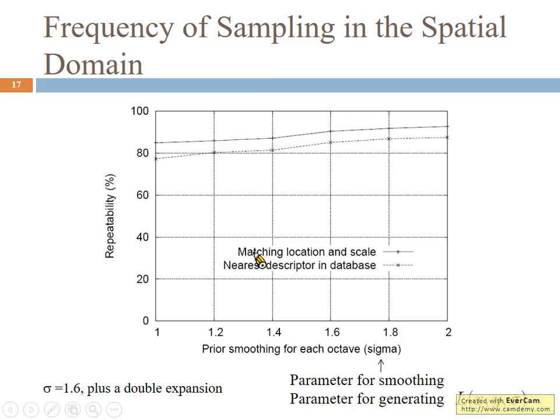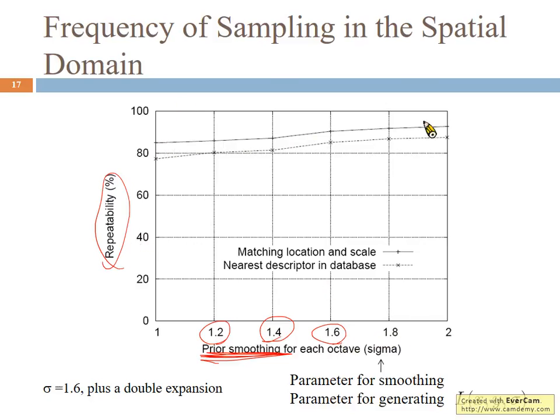Here is another experiment showing the smoothing parameter versus the repeatability. When we do different degrees of blurring at the same scale, we may increase the standard deviation 1.2 times, 1.4 times, or 1.65 times, and so on.